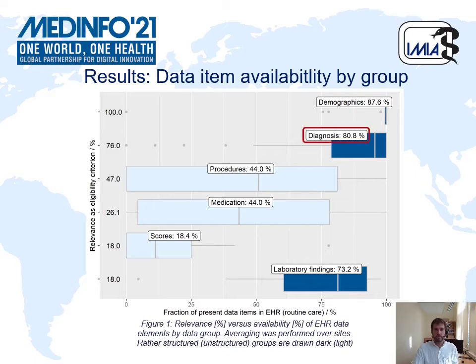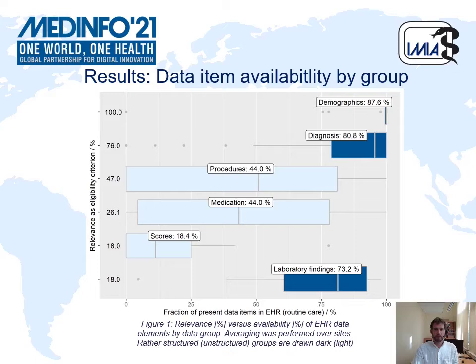The data group of diagnosis, consisting of data elements for admission diagnosis, primary diagnosis, secondary diagnosis, and non-coded secondary diagnosis, is quite similar to the demographics group, though showing a wider distribution in the range of availability. This is due to the fact that the non-coded secondary diagnosis is sometimes omitted and thus contributes to a lower overall degree of availability in this group.